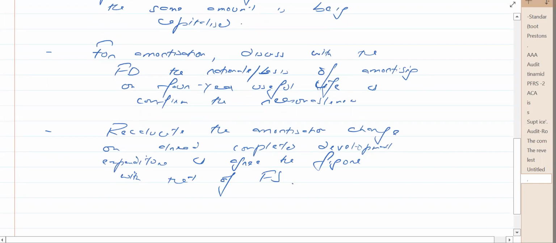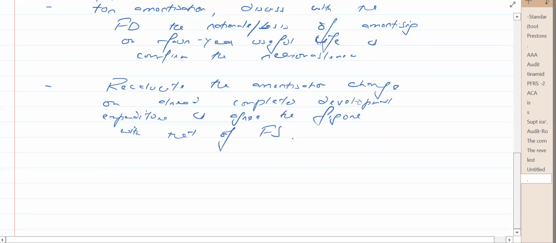You can also write recalculate the amortization charge on already completed development expenditure and confirm that only this year amortization has been charged within the statement of the profit and loss. You can write this procedure in many, many ways.